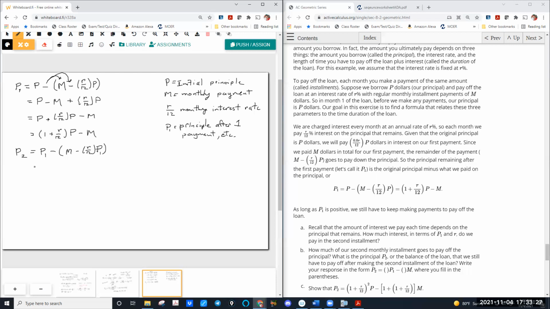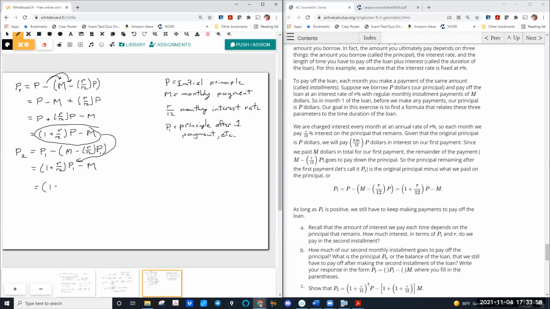We could do the exact same algebra, which would give us 1 plus R over 12 times P1 minus M. Well, what's P1 equal to? It's equal to this, right? So we're going to take this and sub it in for P1.